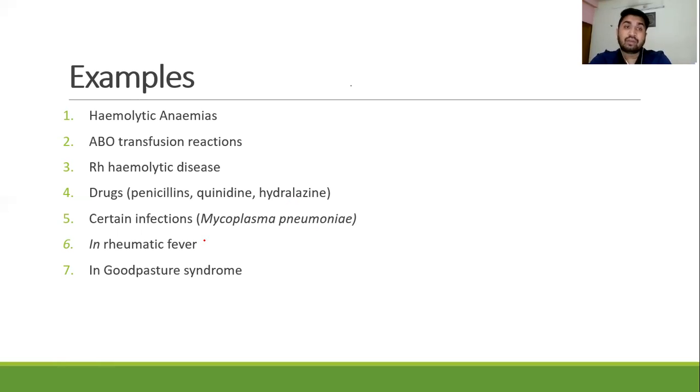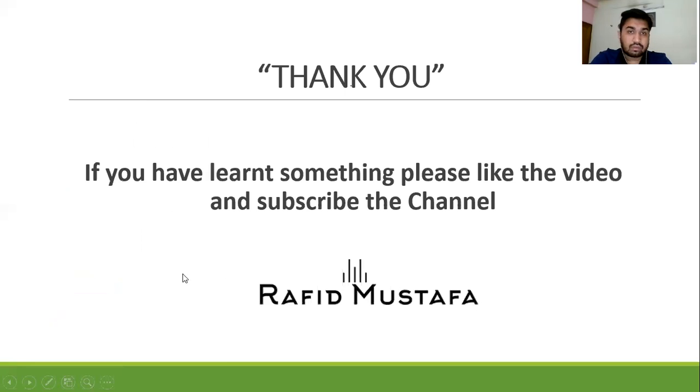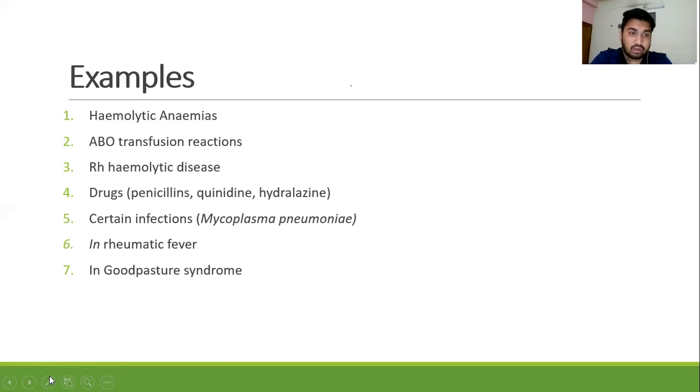Now the rheumatic fever. It's very important for the exam and also for practical life, how rheumatic fever causes a type 2 hypersensitivity reaction. Rheumatic fever is caused by group A streptococcus, mainly Streptococcus pyogenes. When Streptococcus pyogenes enters our body, it has a protein called M protein.